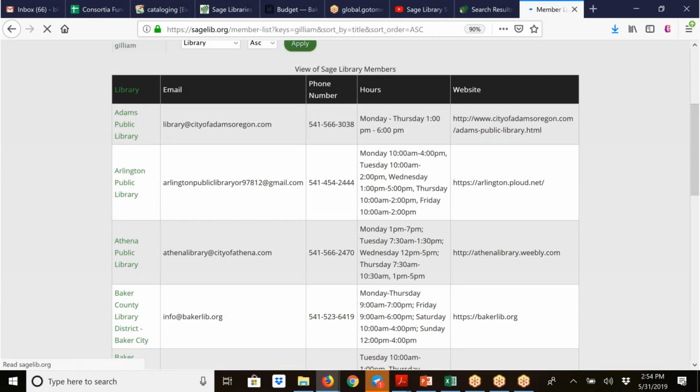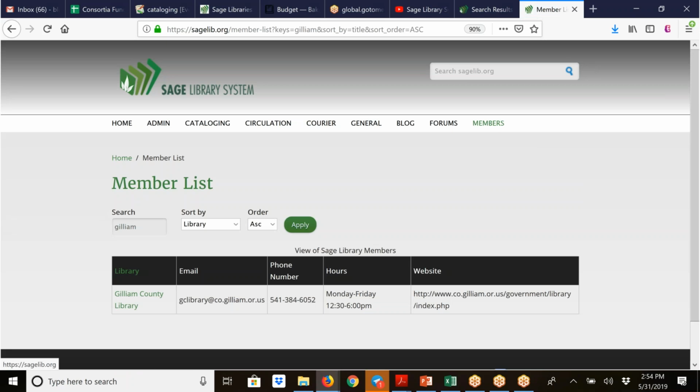I think a lot of them are updated. Yeah, our hours need updated. You should do like the state library does and periodically, maybe annually, have everybody look at the database listing for their own library and notify them of changes.